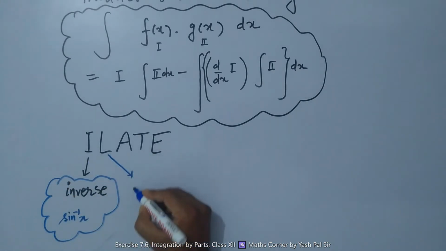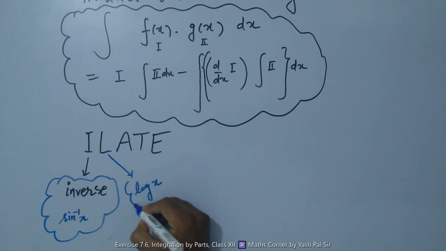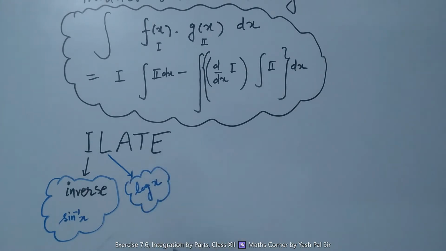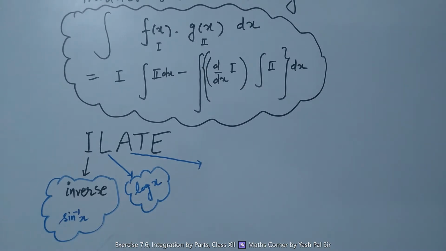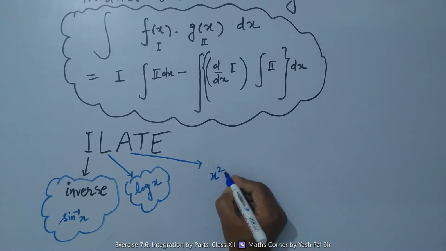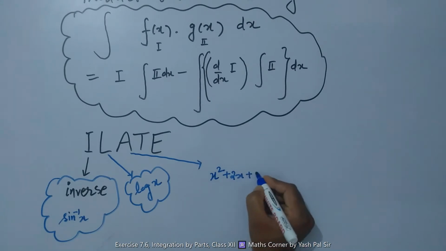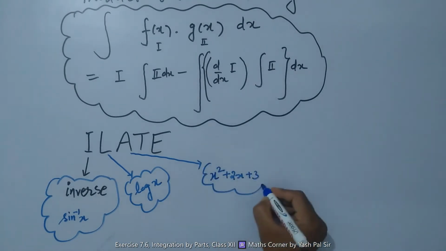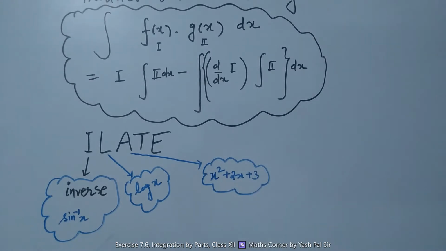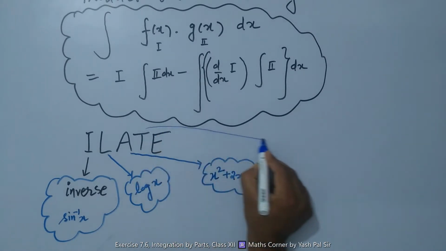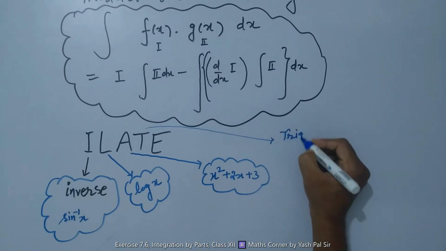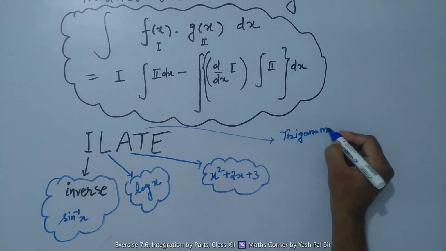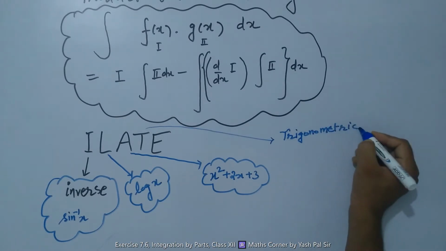L means logarithmic function, suppose log of x, etc. A represents algebraic functions, such as x square plus 2x plus 3, etc. Such types of equations are algebraic. And T means trigonometric functions.